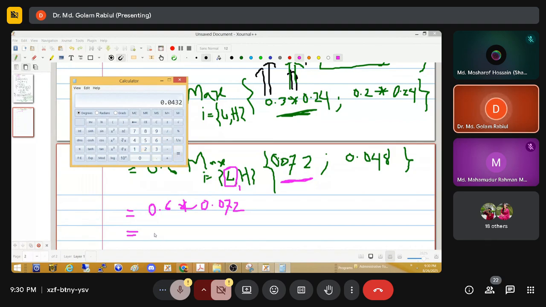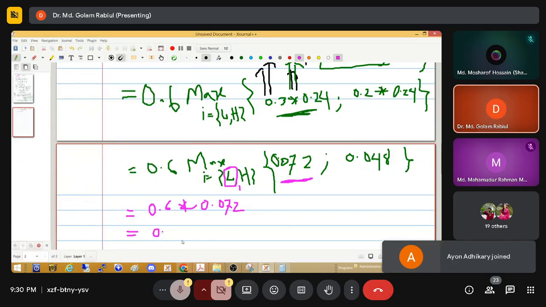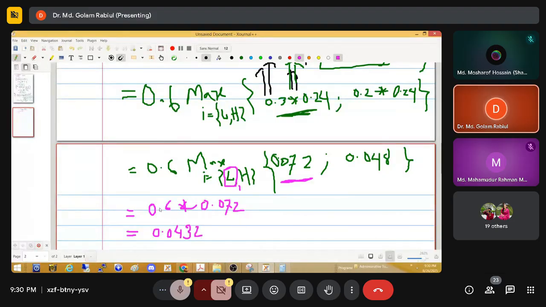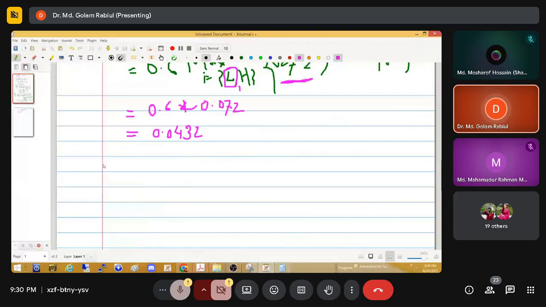That means we will get 0.432. So this one is our V2L.